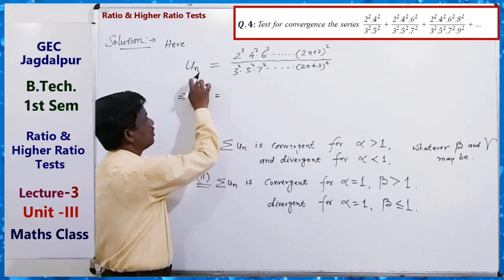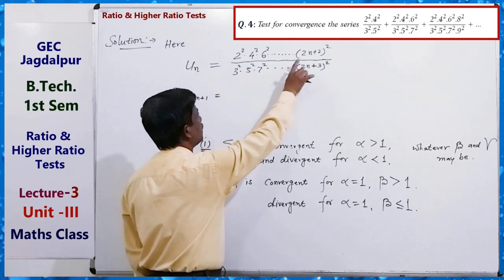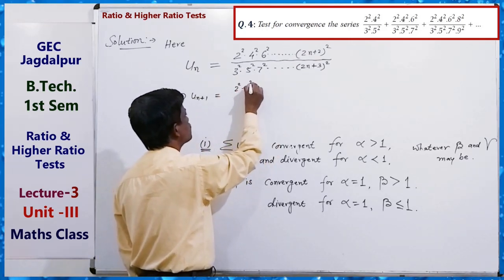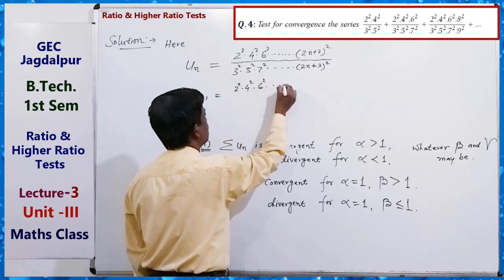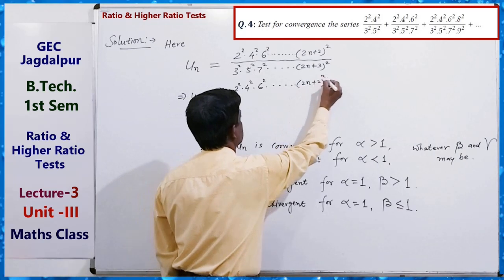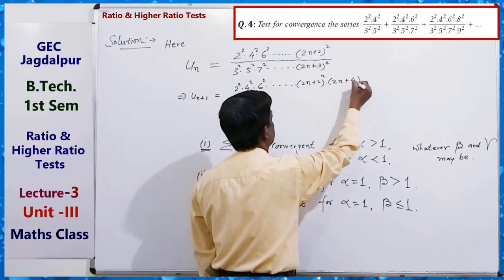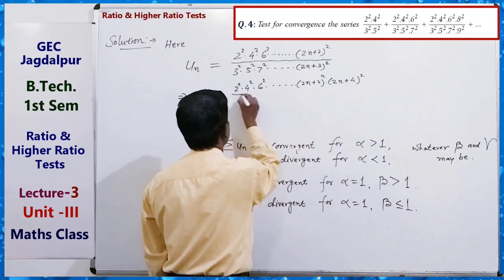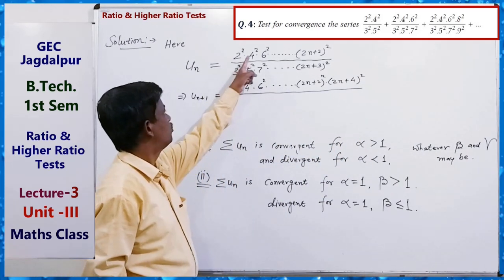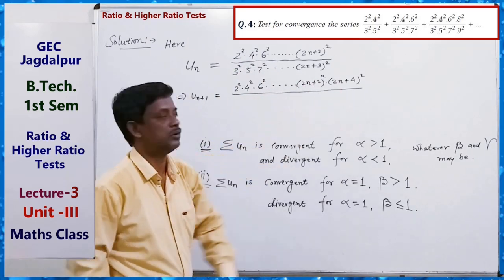In place of n, just n plus 1, so one more term you have to write. So 2n plus 2 square into 4 square into 6 square up to 2n plus 2 square, and one more term 2n plus 4, because 2 is increasing: 2, 4, 6, so 2n plus 2 plus 2, that is 4.